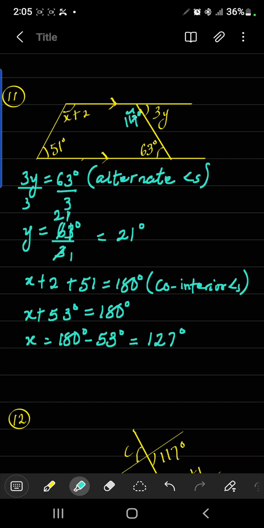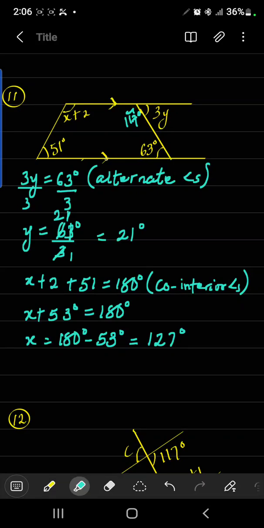117 degrees, that is this angle here, you can now sum up all the angles here. And sum of angles in a quadrilateral, that is another rule, another property, is 360 degrees.